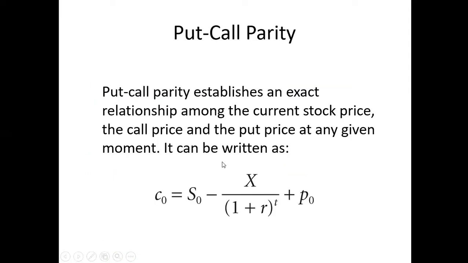Now these are some of the terminologies which I have discussed here, and there are also complex strategies where you combine one put and one call, same strike price, different strike price, different maturity. There are various options: butterfly spread, straddle, bear spread, bull spread.